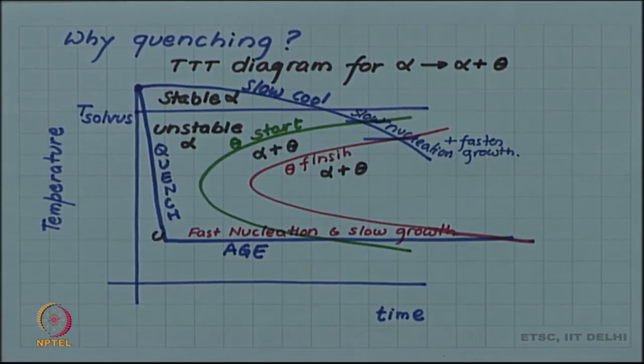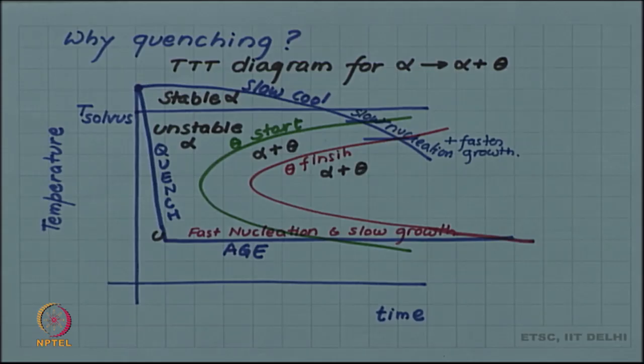So, you can now tell which will give you a fine structure and a coarse structure. Faster nucleation gives more nucleation centers, and growing slowly still gives more time for more nucleation to form. So, there will be several nuclei forming here and each of them will grow to a limited extent. So, this will give you a fine distribution of precipitate.